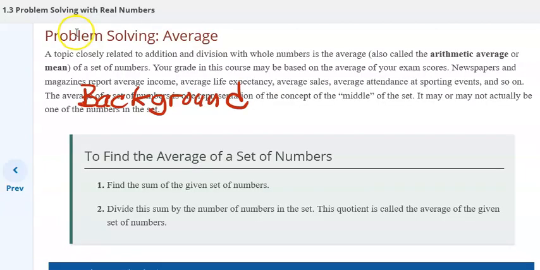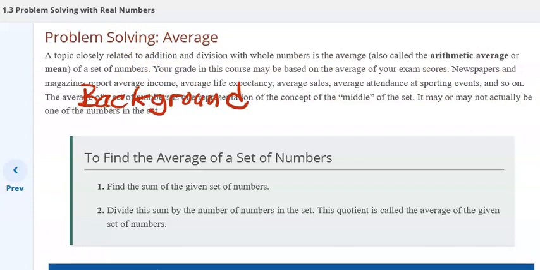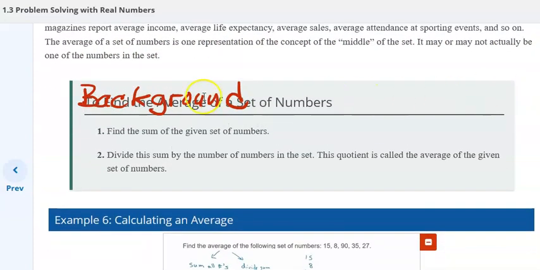Now here we're looking at a general background area of finding averages of things. So we can just jump to what's going on. We find the sum of the given numbers and then divide by the number of items in the set.